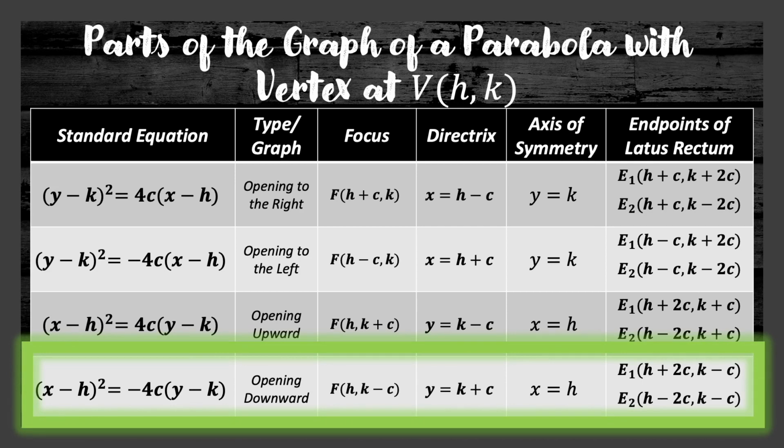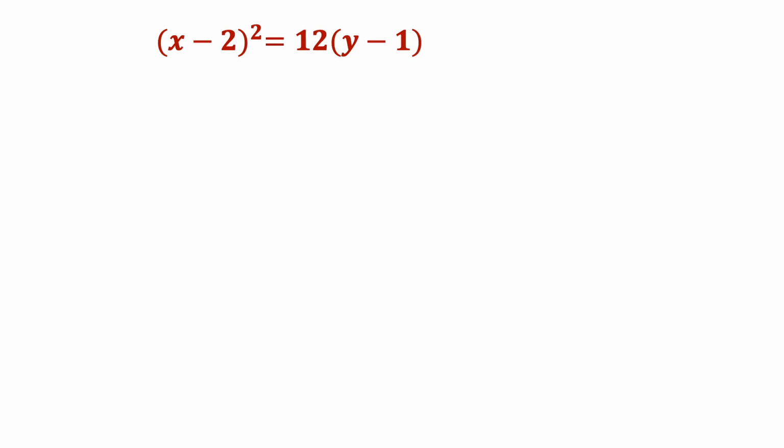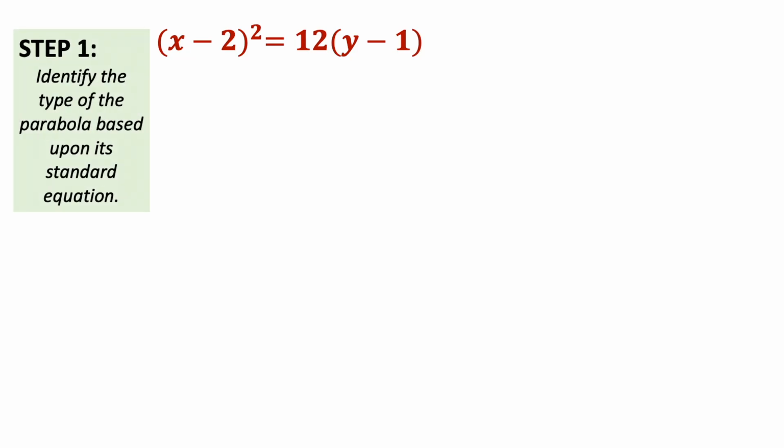Similar to our previous example, identifying the type of the parabola is the first step to sketch its graph. We will employ the same strategy to identify the type of the parabola (x - 2)² = 12(y - 1).